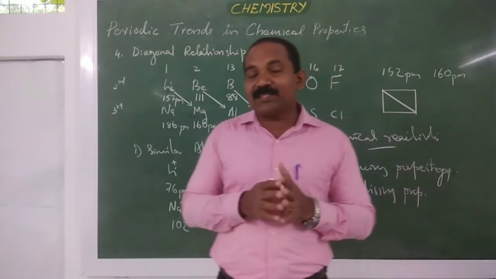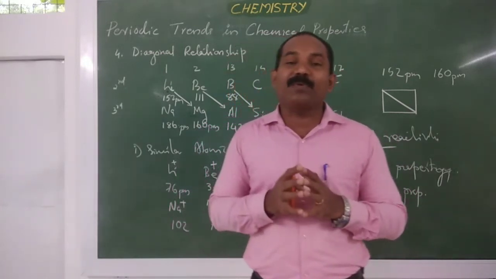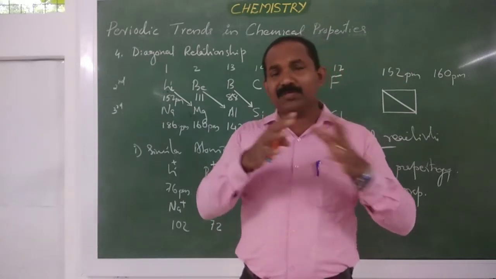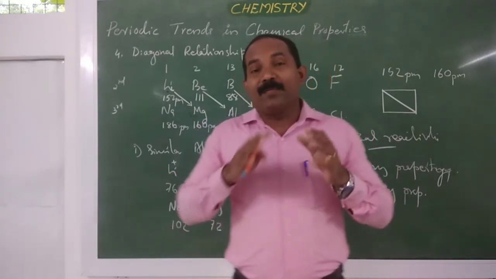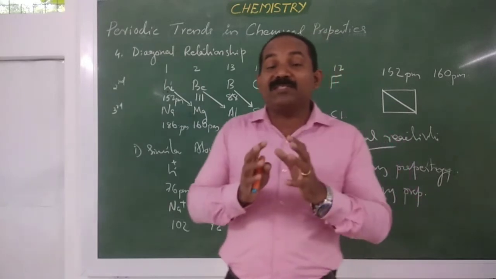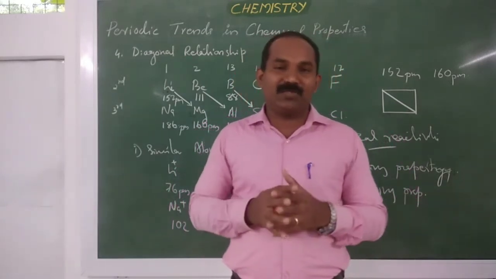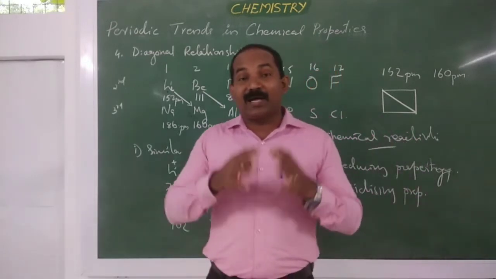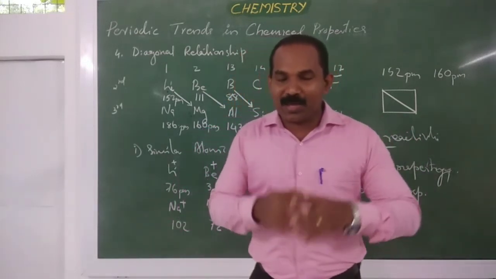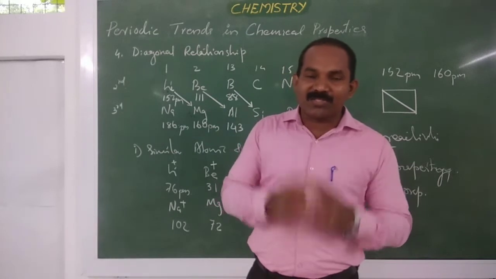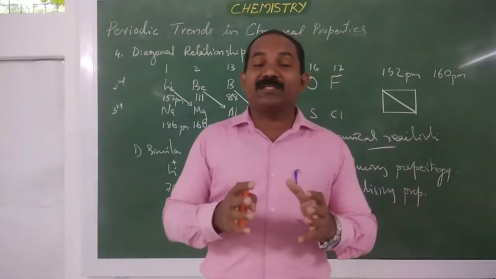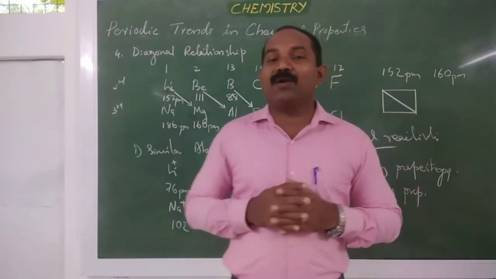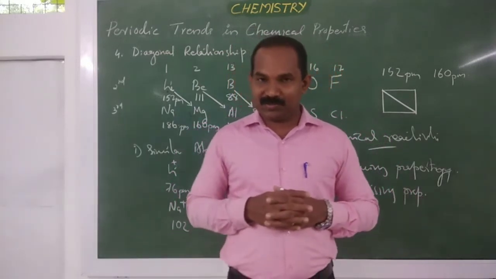Let's discuss the chemical properties of these oxides. As we learned in lower classes, metal oxides are generally basic or alkaline in nature, and non-metal oxides are acidic in nature.